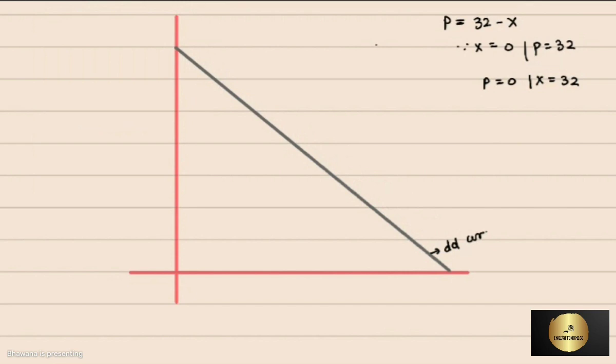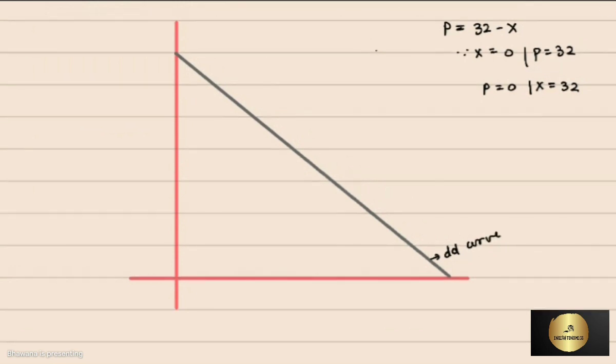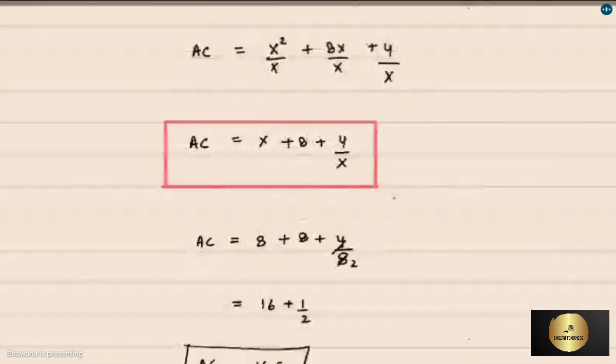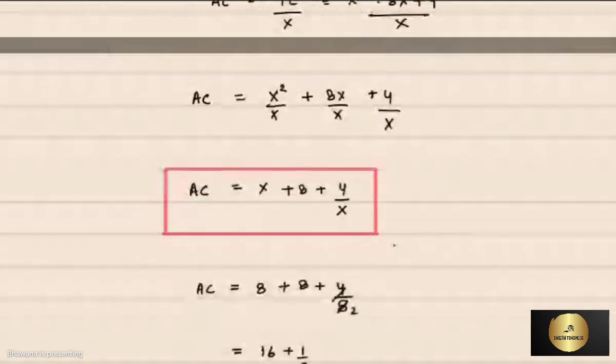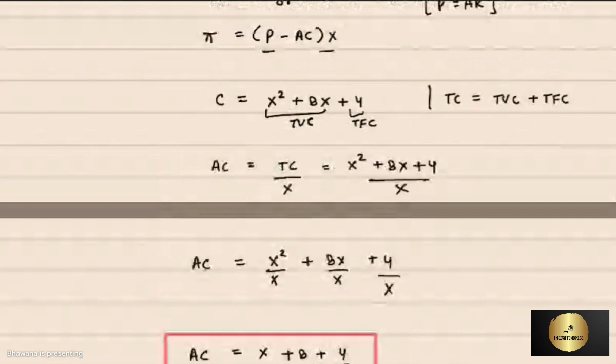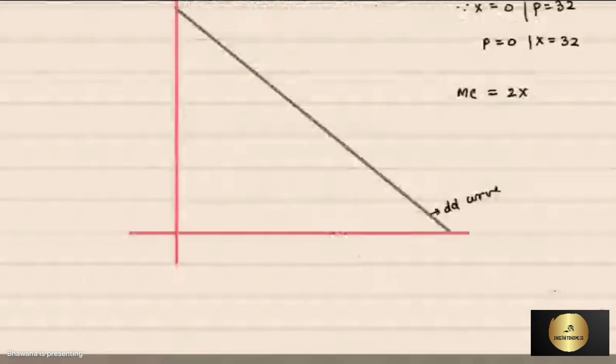Now we need a marginal cost curve, because in case of a perfectly competitive firm, price equates to marginal cost, and your marginal cost is equal to 8 plus 2x.